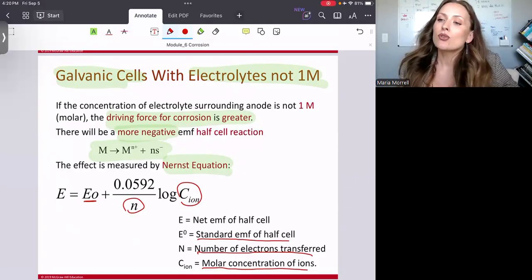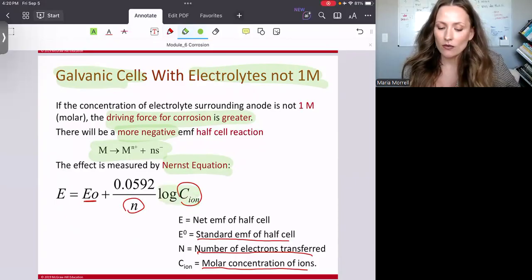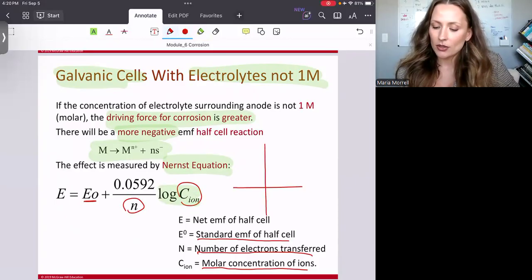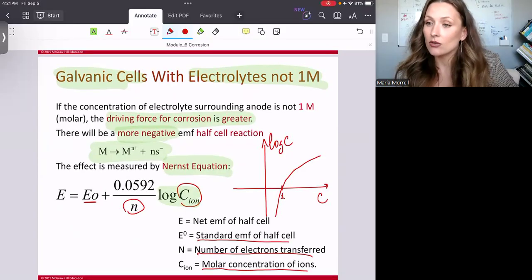Now, let's first look at this component here, this log. What does a log typically look like? If this is my concentration, and this is my log C, then it looks like that. And I know that the logarithm is equal to 0 when the concentration is equal to 1.